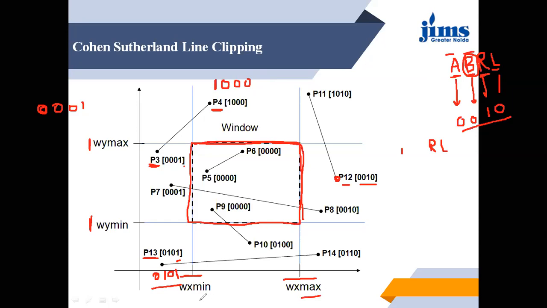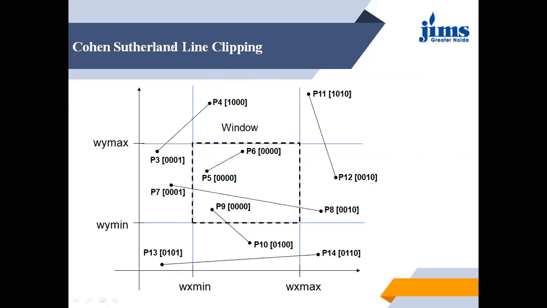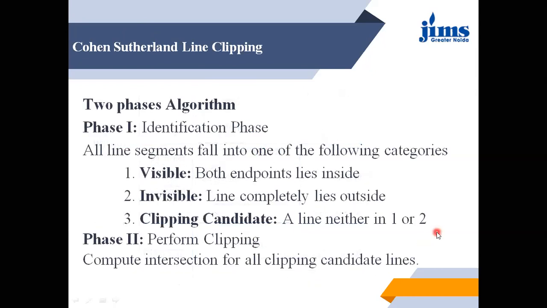So this is the way to find out how we can assign the regions to the different endpoints of the line. So this is really a very important point, because if it is not clear to us and we are assigning wrong region code to any line points, then our answer will be wrong.